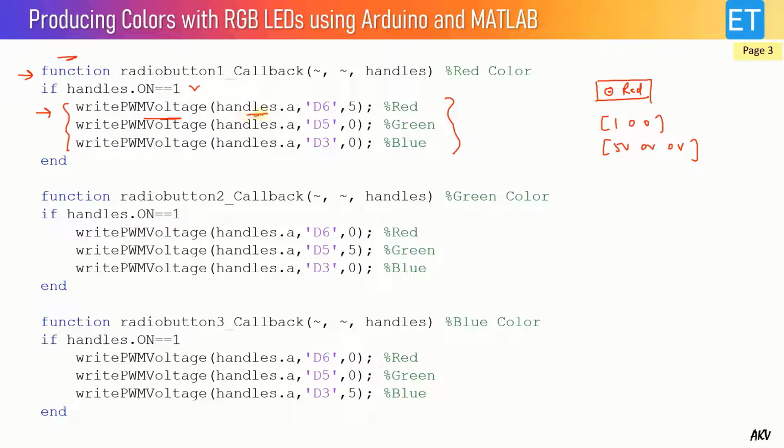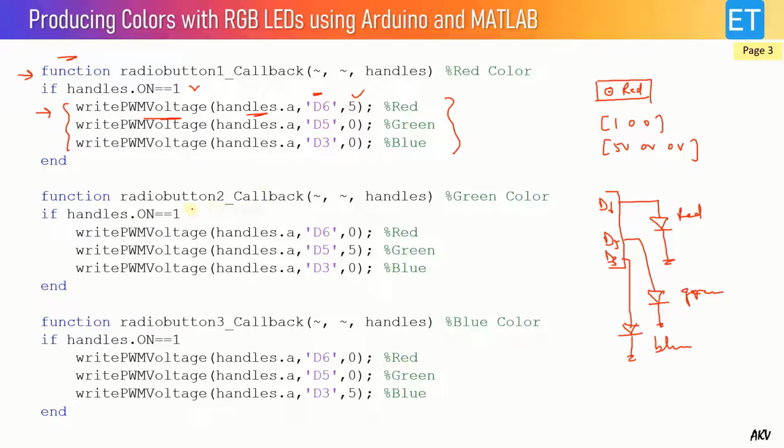So this is a board variable A, and this is the pin number D6. And 5, I'm sending 5 means I'm sending the 5 volt to this pin number D6. So here you can easily see that both the LEDs, I mean green and blue, are off. Only the red is glowing at the full brightness.